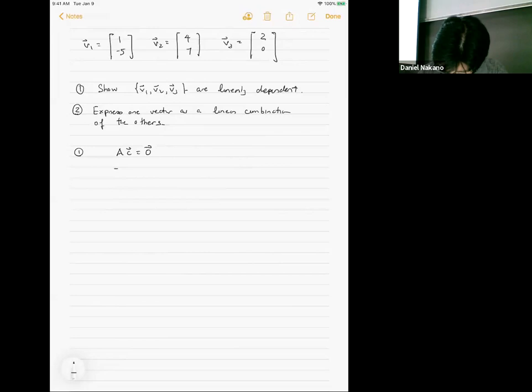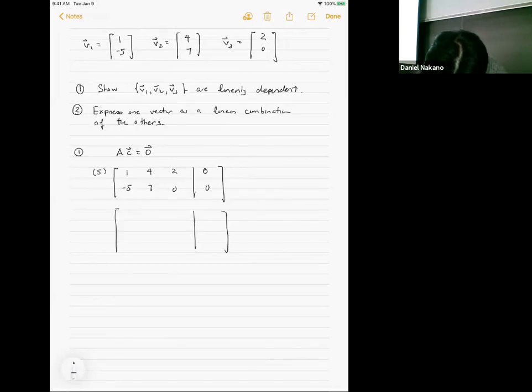And in order to analyze that, we just set it up as we normally would. Everyone all right with that? Ac equals 0. There's not much we have to do. We just have to knock out the -5, and then we'll see what happens. So I multiply the top by 5 here. And then what do we get? We get 1, 4, 2, 0.